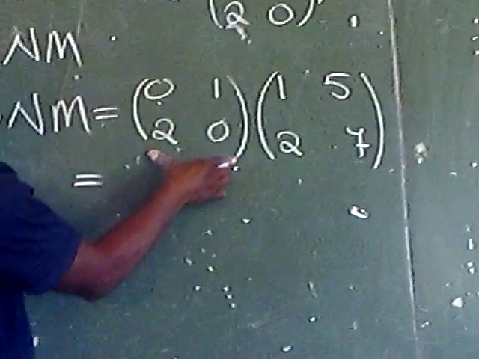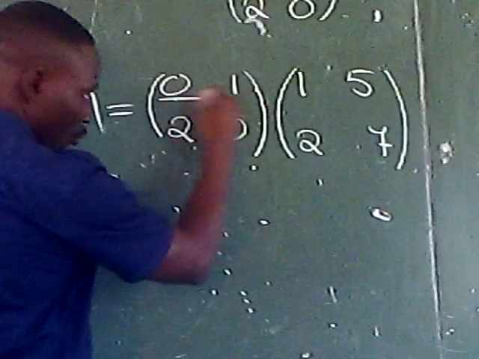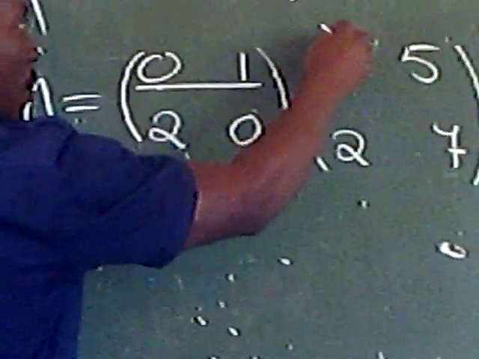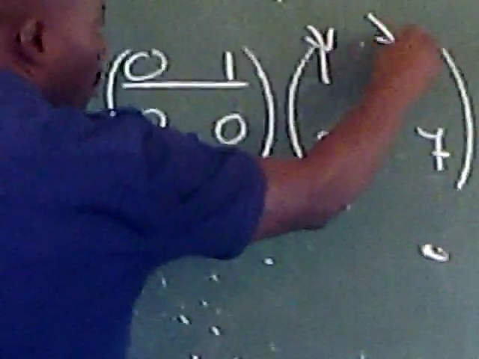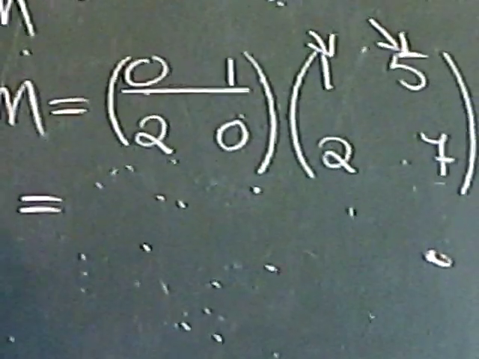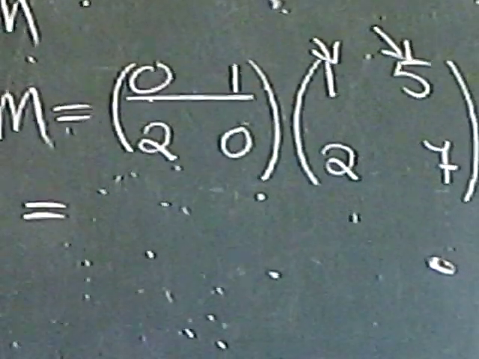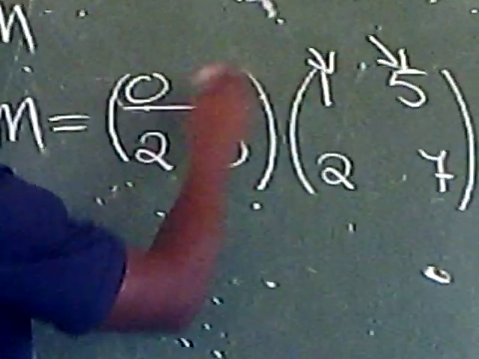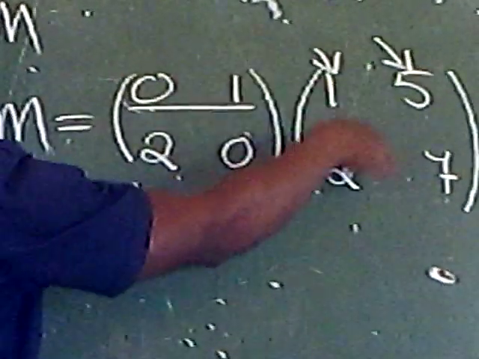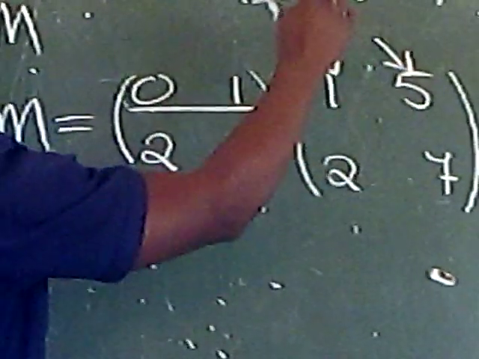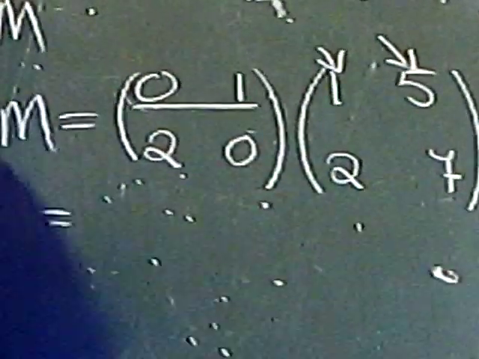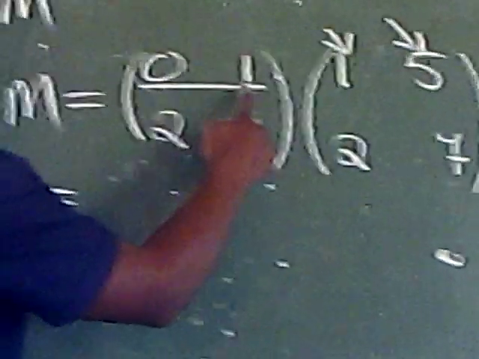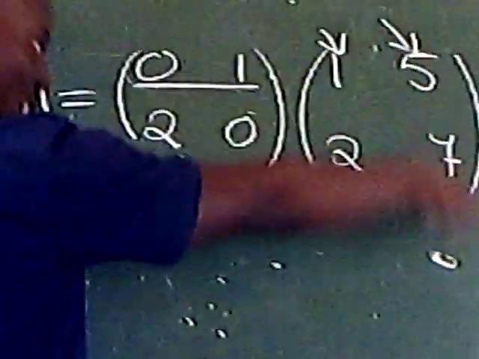In the left matrix, the first row will multiply by each column in the second matrix. So listen carefully. The first row, 0, 1, will multiply by the first and second column.